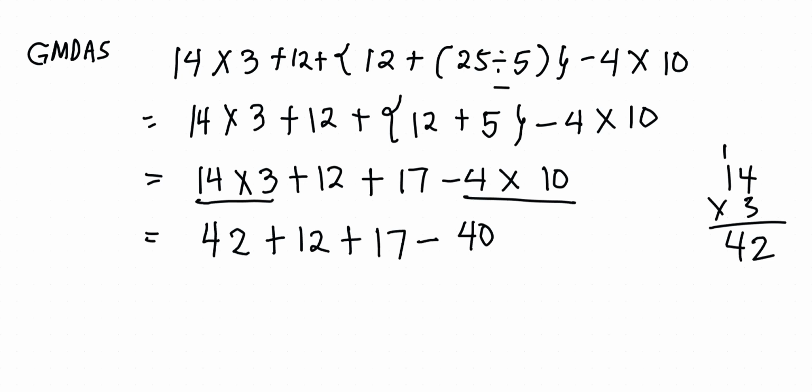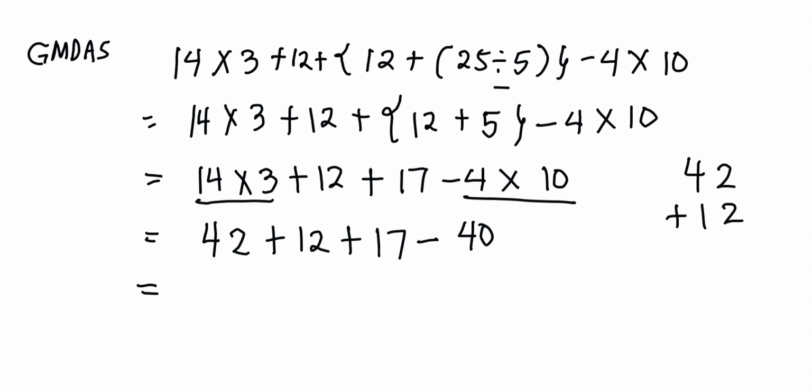Okay, next one. Okay, so we have addition and subtraction now. Since addition comes first in the series of operations before the subtraction, we have to solve first all the addition here. So let's add 42 plus 12.